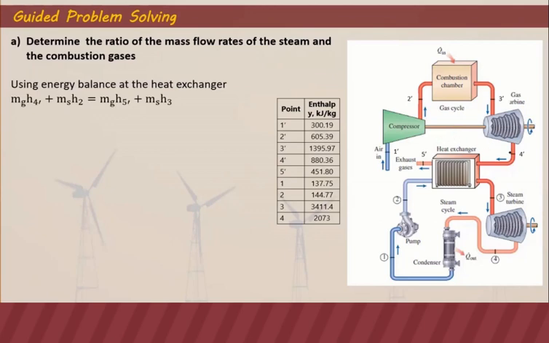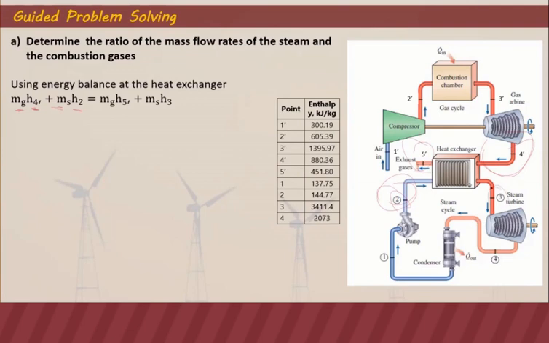The energy entering are points 4' and 2, as you can see here. But take note that 4' is a gas and 2 is a steam. That's why we have here mass of the gas times H4' plus mass of the steam times enthalpy at point 2, equals the energy leaving, which are 5' and 3.